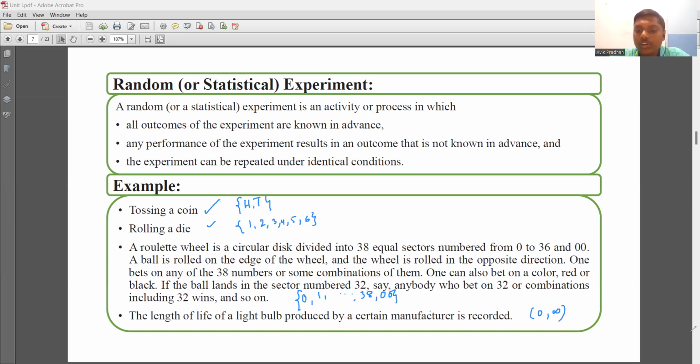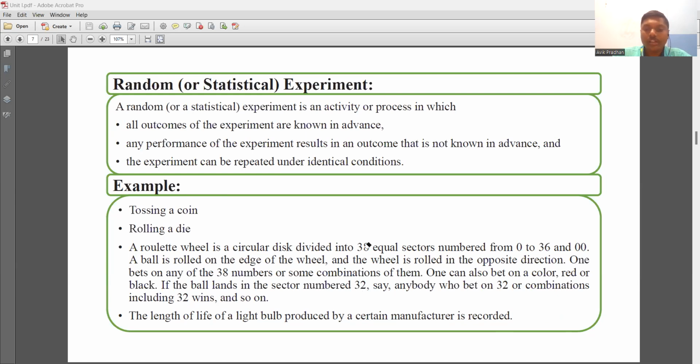For the fourth one, we have an infinite number of possible outcomes. Rather, I should say it has an uncountable number of outcomes. Okay, so let us see how we can understand this.